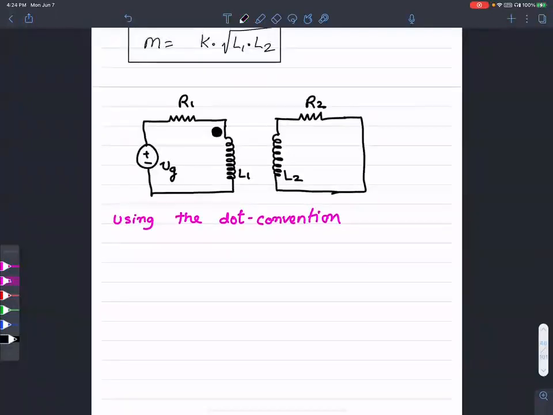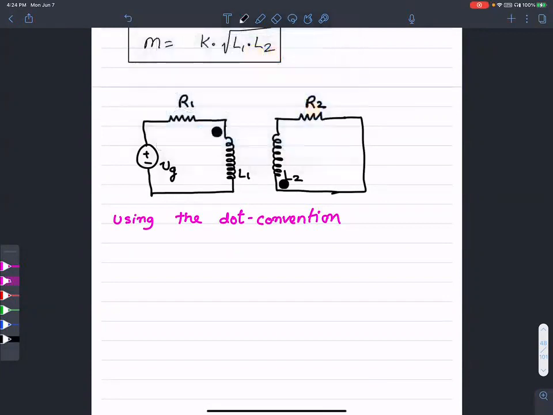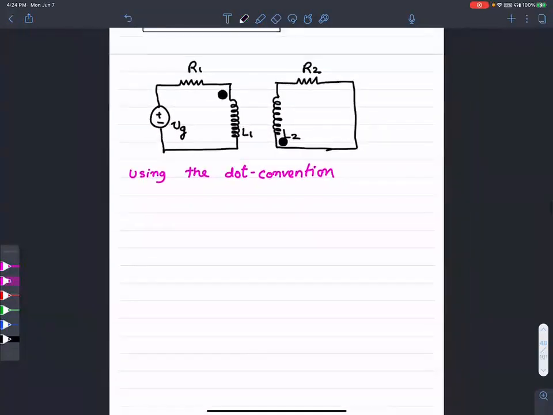In order to do that, we use what is known as the dot convention. And I'll talk about that in 1 second.